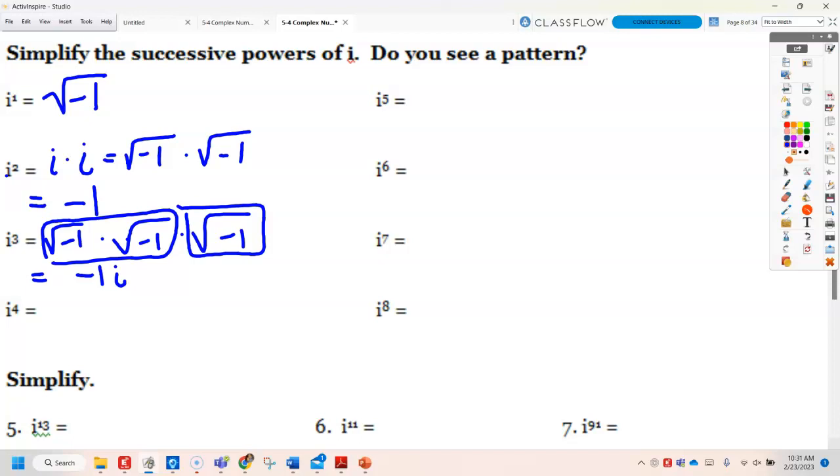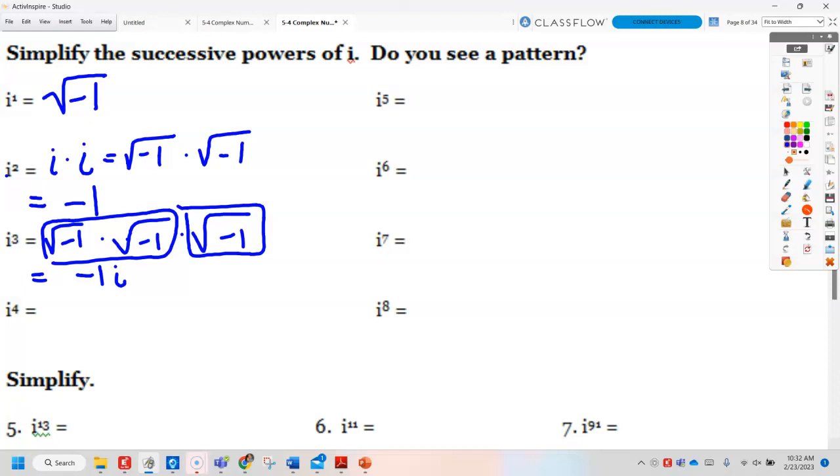I to the fourth, just like x to the fourth. X to the fourth would be like 4 x's, but 2 x's are x squared, so x to the fourth is really x squared times x squared.